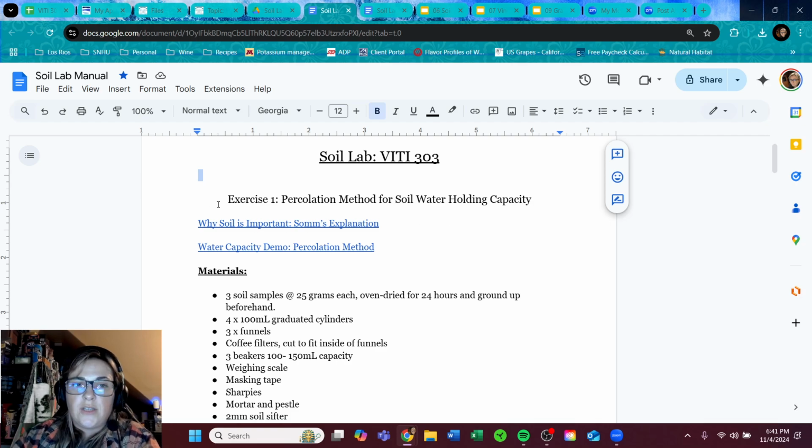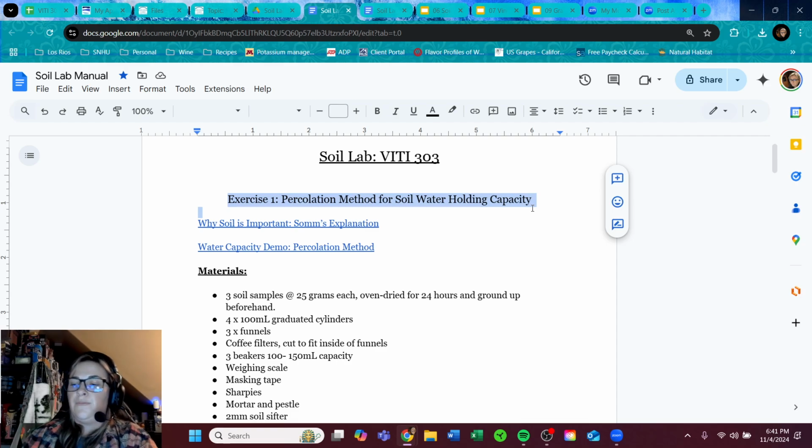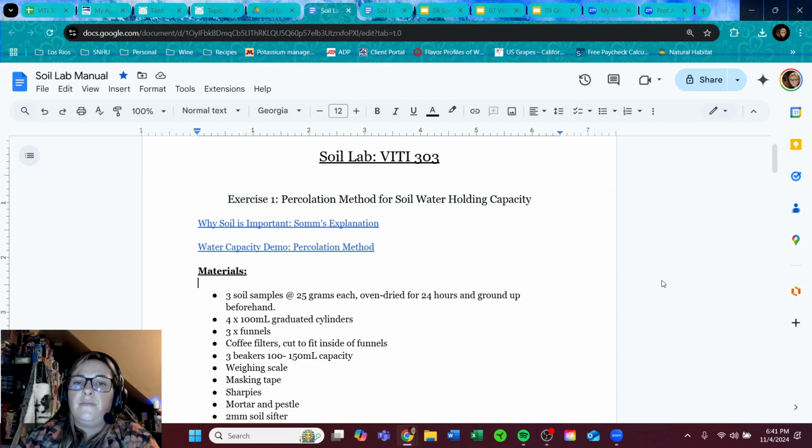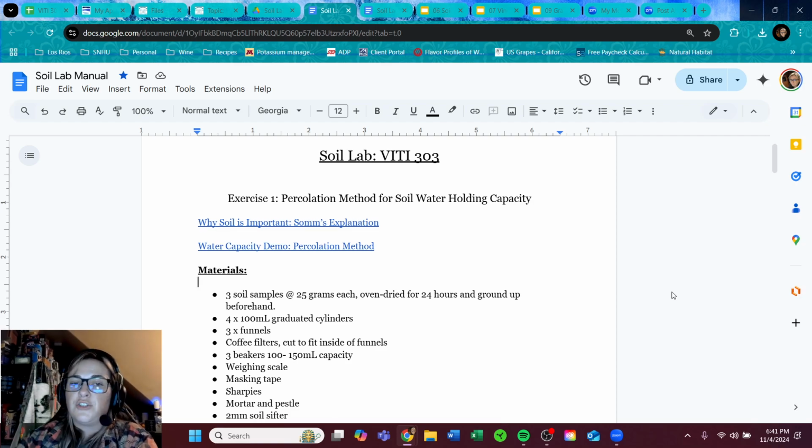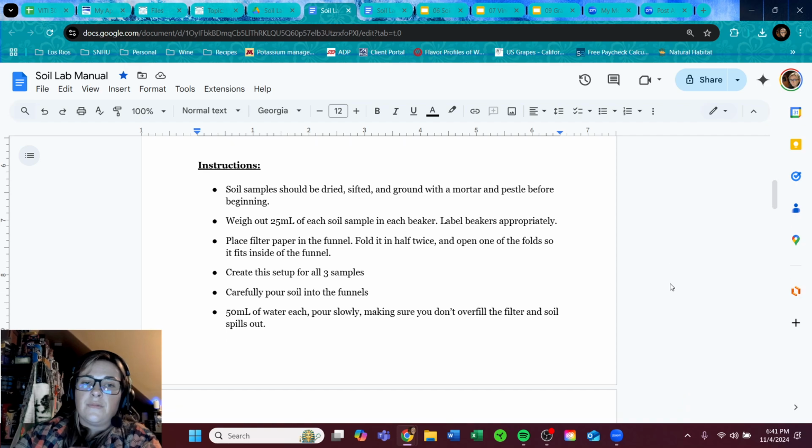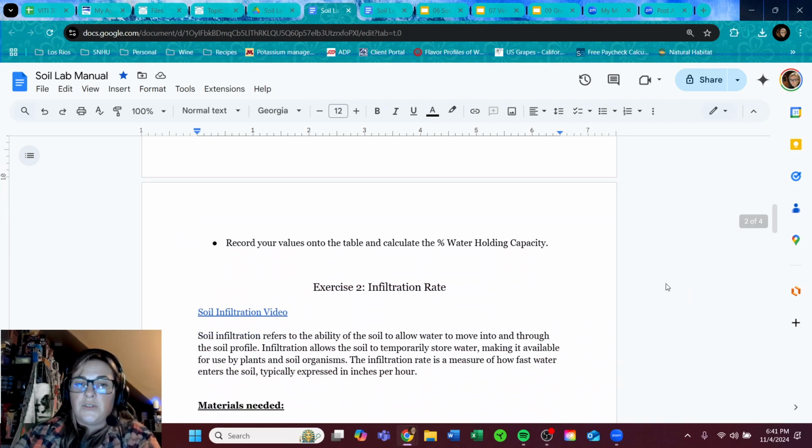The first exercise we did was the percolation method, where we took the cylinders and the coffee filters, ground up our samples, and poured water through them. Then we calculated the soil water holding capacity based off of how much water stayed in that soil sample and how much drained out, right? That was percent water holding capacity.